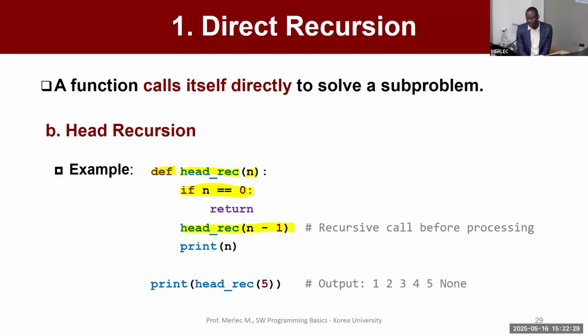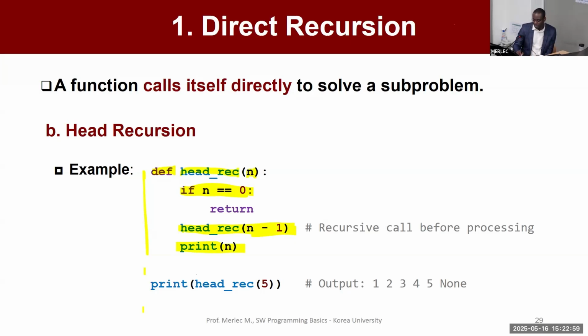This is the head recursion. So the first operation we are doing after checking whether the base case exists, we call the function, the recursive call before the processing. Then we process n.